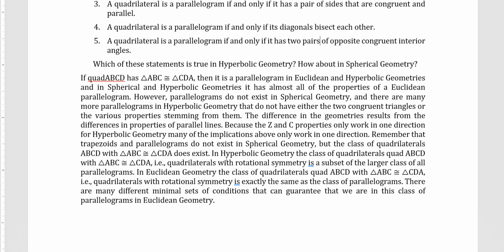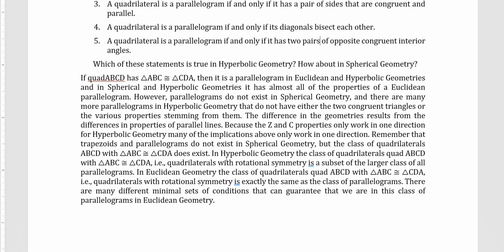The difference in the geometries results from the differences in properties of parallel lines. Because the Z and C properties only work in one direction for hyperbolic geometry, many of the implications above only work in one direction. Remember that trapezoids and parallelograms do not exist in spherical geometry, but the classic quadrilaterals ABCD with triangle ABC congruent to triangle CDA do exist.